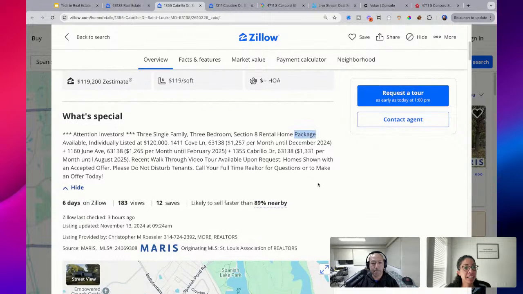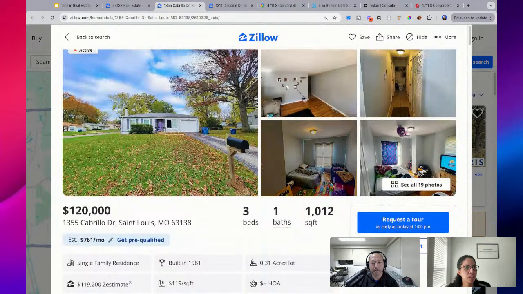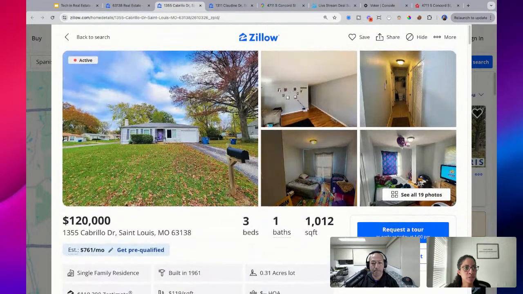That could be very interesting, to acquire several properties in a bundle. Maybe the investor owns the property outright, not having financing on it, so maybe you could do seller financing to acquire three properties at once. A lot of options.